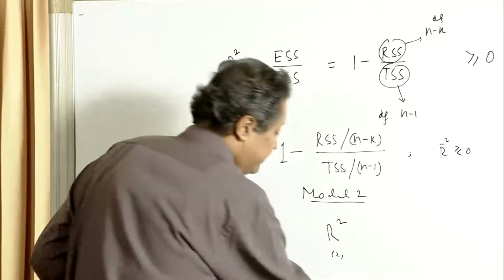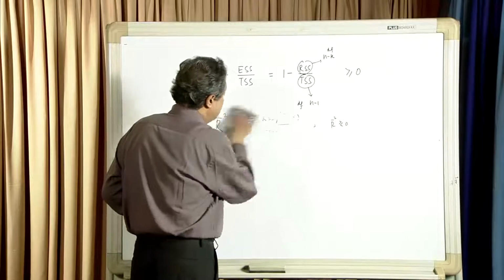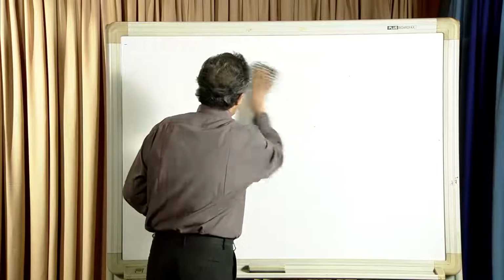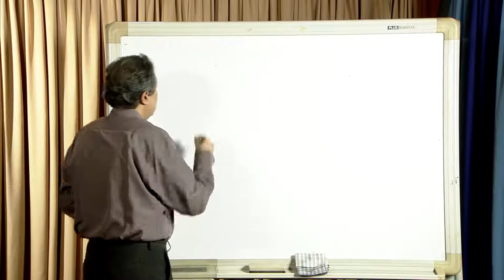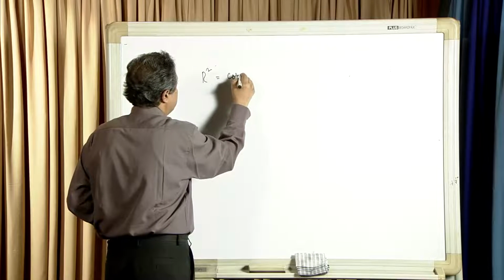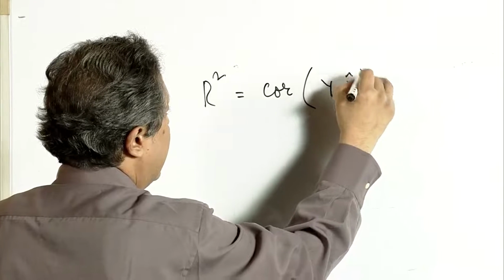Reason is very simple. At a fundamental, conceptually illuminating level, we must understand that R square is nothing but the simple correlation between y and y hat.